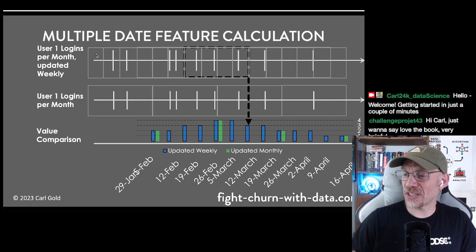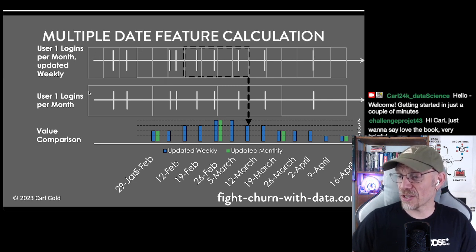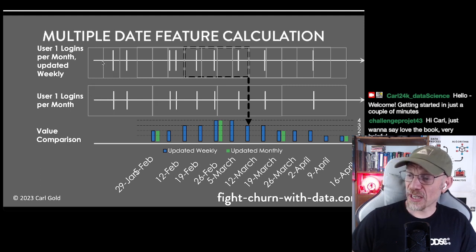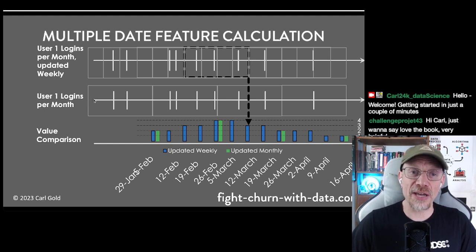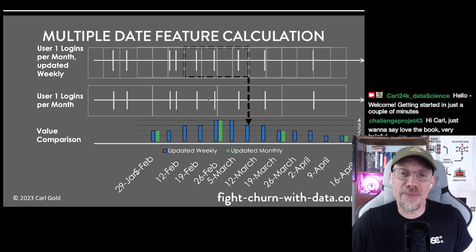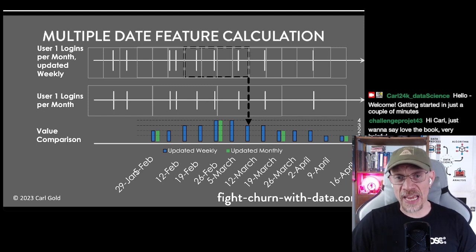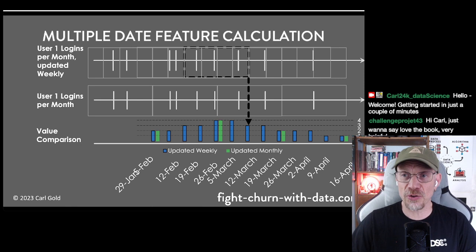You can imagine just breaking up time into windows, and also using overlapping windows. So let's say on the bottom row, it's calculating the user 1 logins per month with non-overlapping windows. But actually you can keep better track of the data by calculating features repeatedly at overlapping lags.